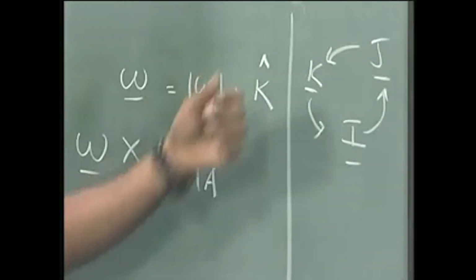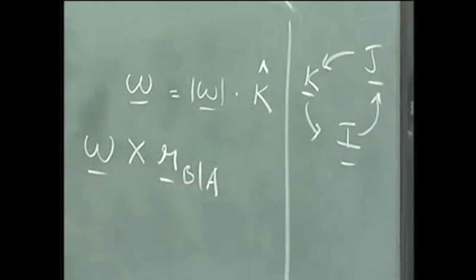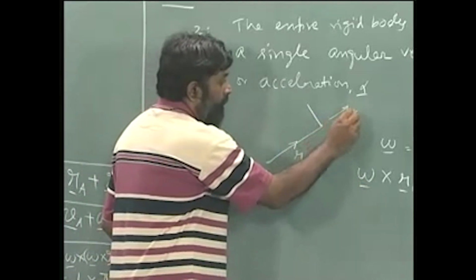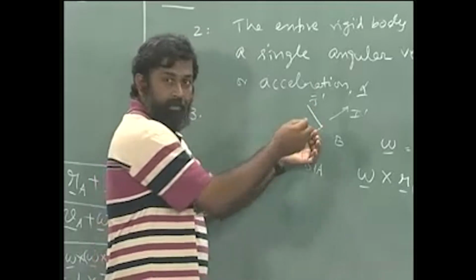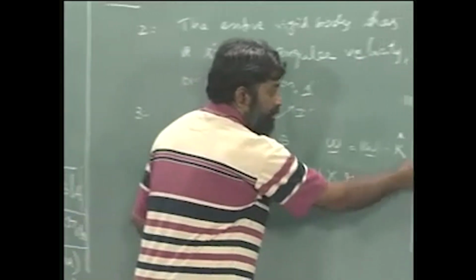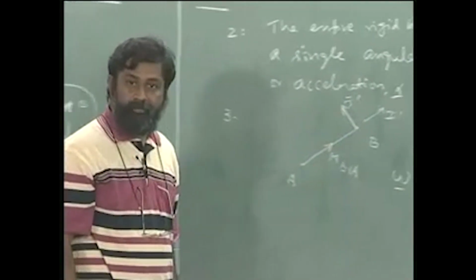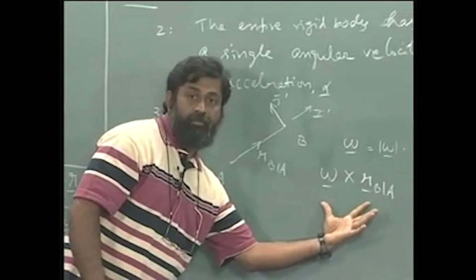But if I go the other way, for example, j cross I is minus k. Okay. So, in this particular case, if this is I prime, this is j prime, and k cross I has to be positive j. So, it will be in this direction. Are you with me? This is the direction of the component of velocity that we are looking at.